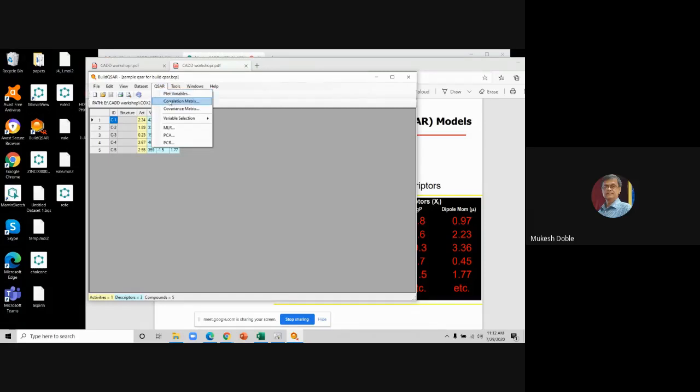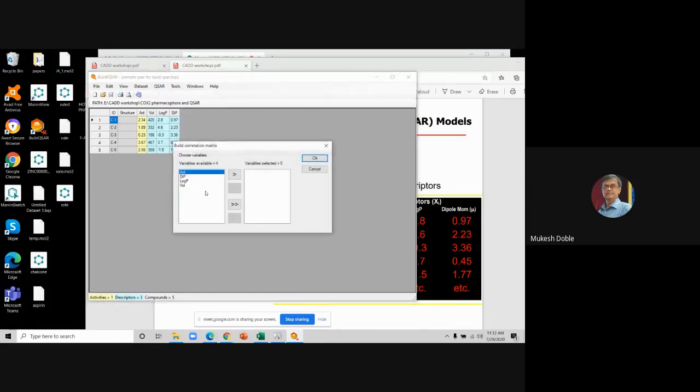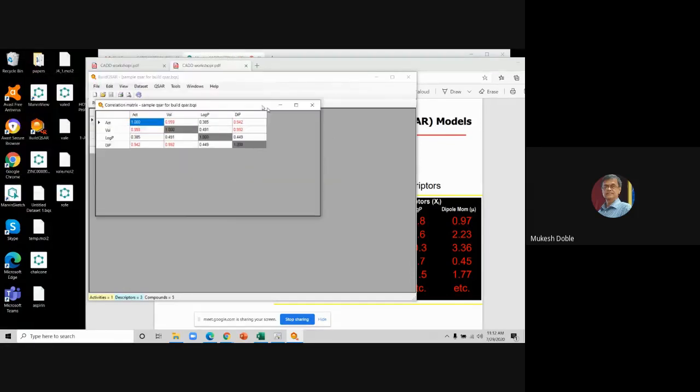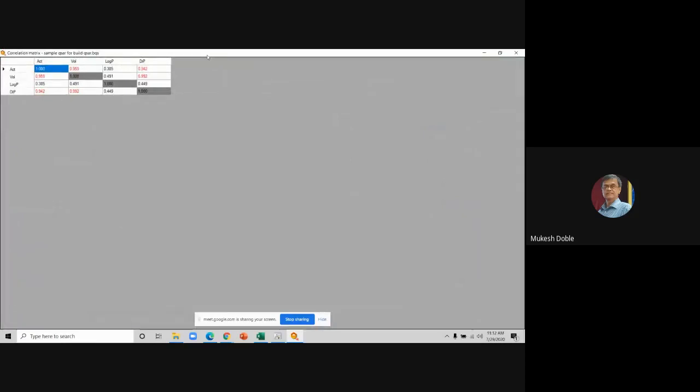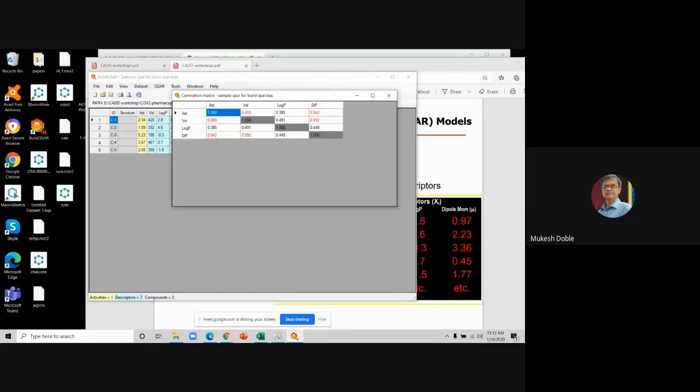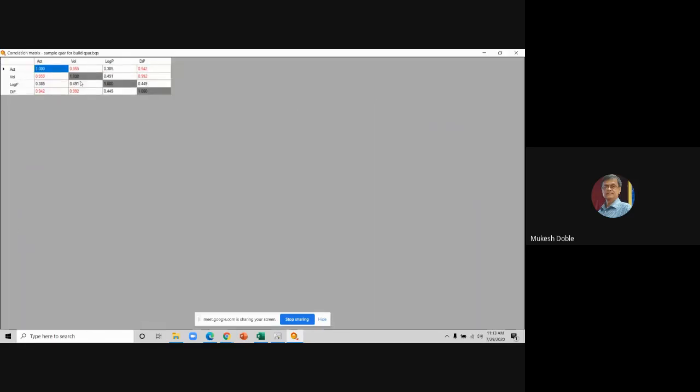I'll show you. This is called the correlation matrix. I hope you can see this. It has done a correlation between descriptors themselves as well as with the activity. It has correlated activity with activity, so this diagonal is 1, 1, 1, 1 like that, and then it gives activity versus volume, just like we got it in Excel when we used the CORREL function.